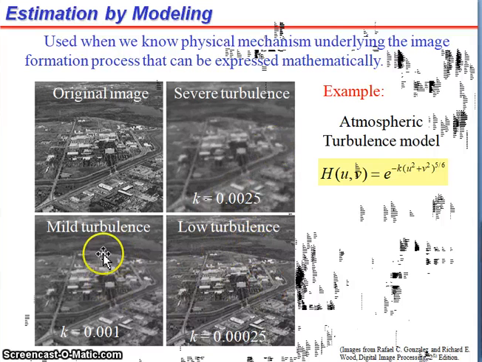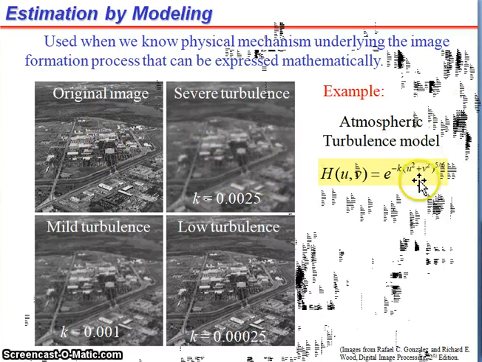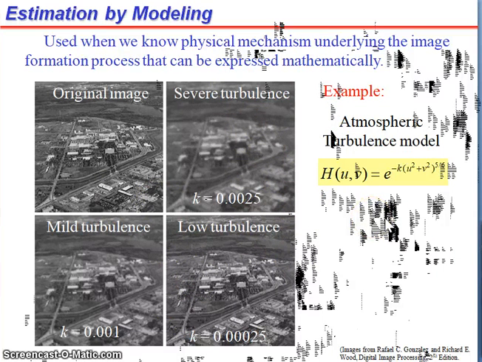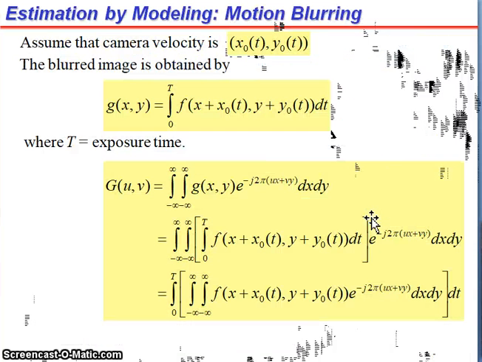If I model the particular degradation function and estimate it based on this mathematical equation, I can easily get the original image from this degraded image. These mathematical equations are developed from actual prior observation, so I can easily estimate the degradation function.